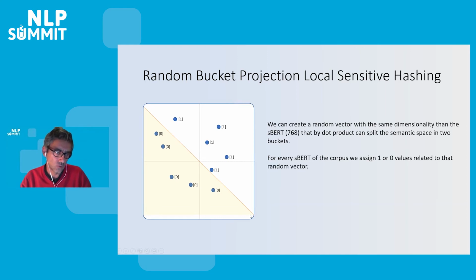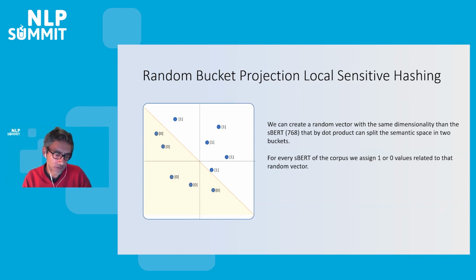Those sentences in the right section, we will tag as ones, and those on the left we will tag as zeros. So basically we have used this random vector to represent all the entities in a binary way.